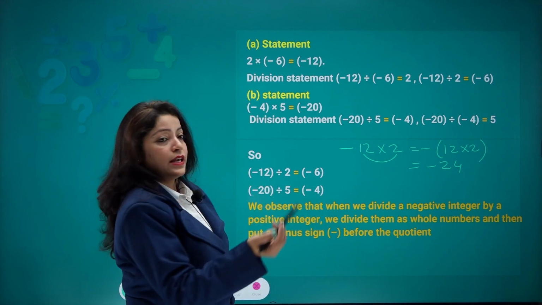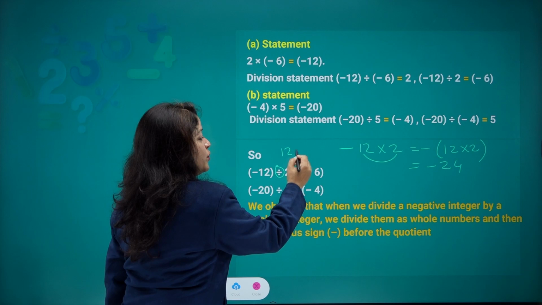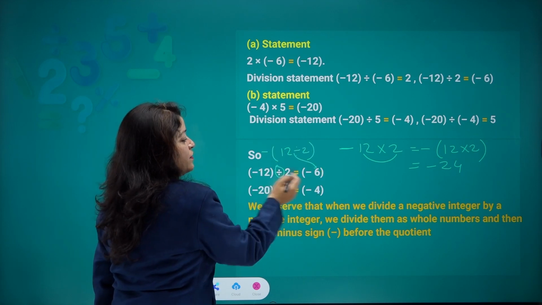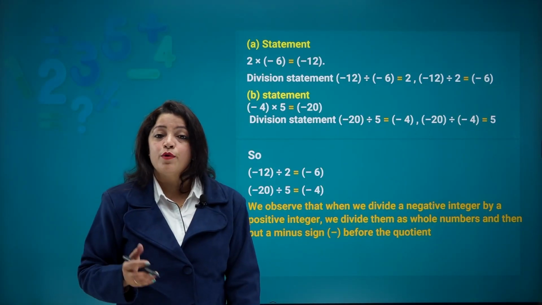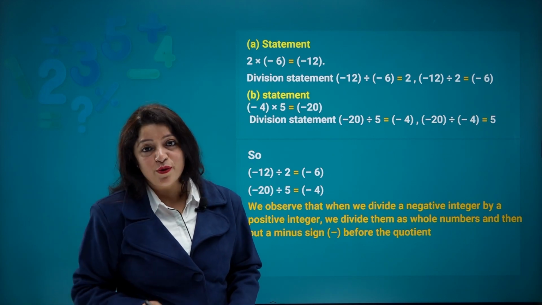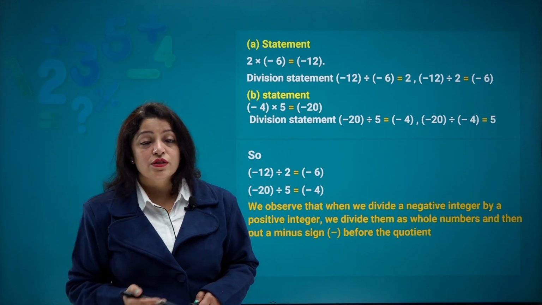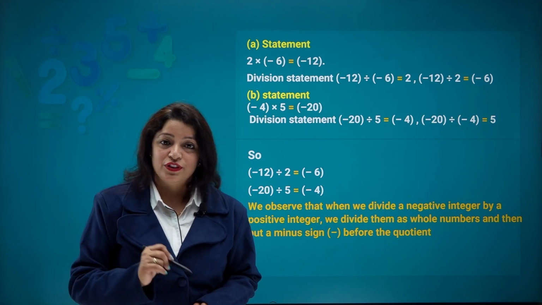Just check, it is the same, but now we have done the division: 12 divided by 2, the result is 6, with the negative sign. So we can relate the properties of sign very easily with the sign rules of multiplication of integers. While doing division, if the integers are of the same sign, the final result is going to be positive.